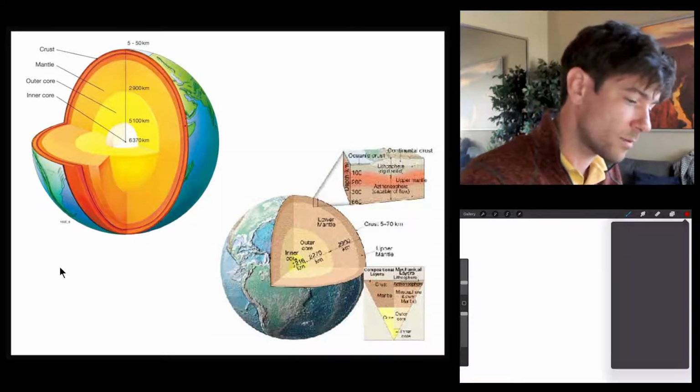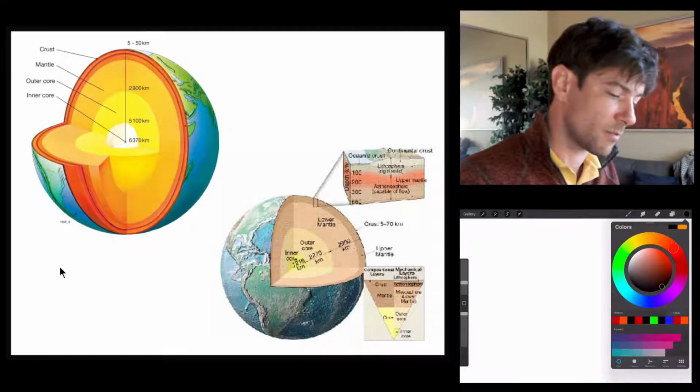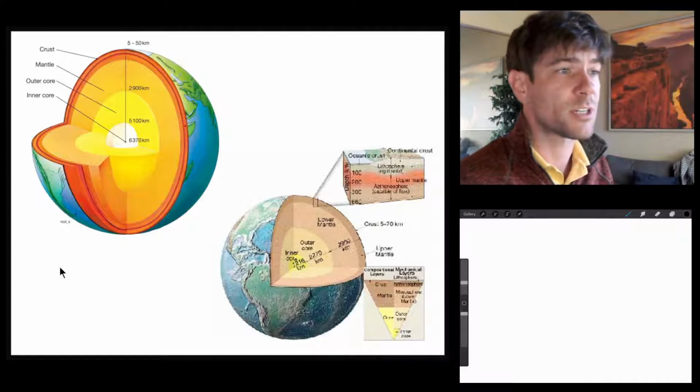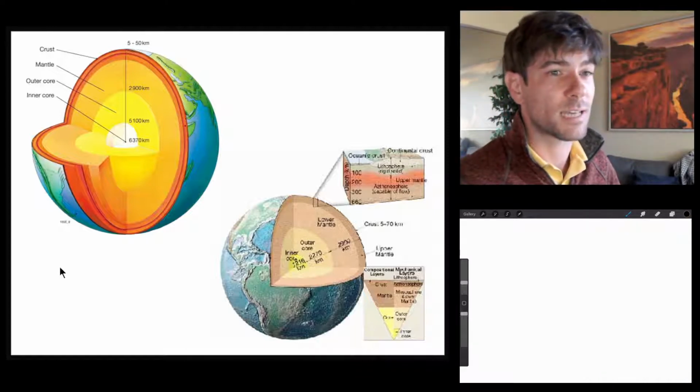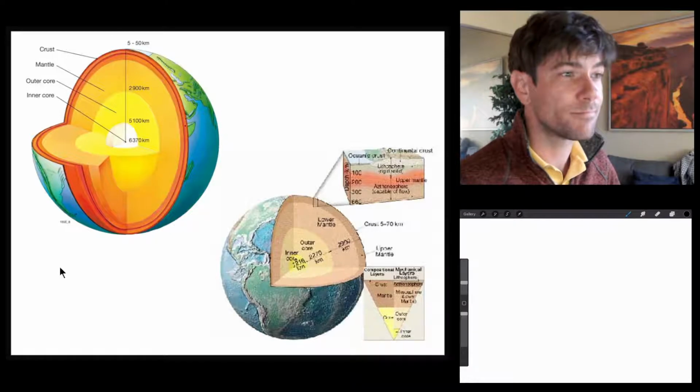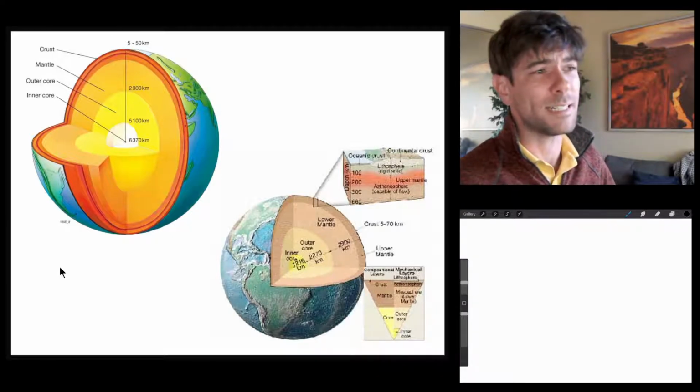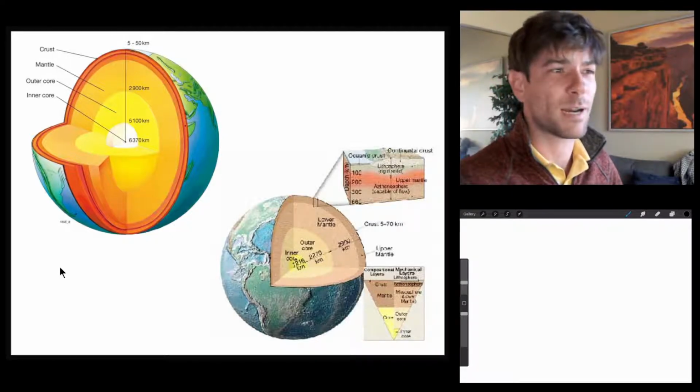That's important. It seems like something very difficult to ascertain, because we've obviously never been down to these kinds of depths in the Earth's interior. We can drill 10 kilometers, maybe 15. I'm not sure what the deepest borehole ever drilled was, but I would be shocked if it was over 15 kilometers.